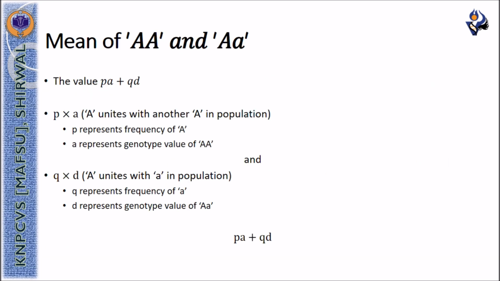The mean of homozygous dominant and heterozygous genotypes is taken as pa plus qd, where p multiplied by a represents that the dominant A allele is united with another dominant A allele in the population, and q multiplied by d denotes that the capital A allele has united with the recessive a allele in the population.